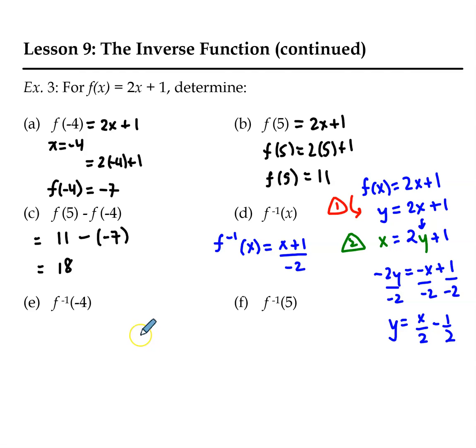I'm going to keep it simple. So now we're ready to substitute in for -4. I actually made an error.